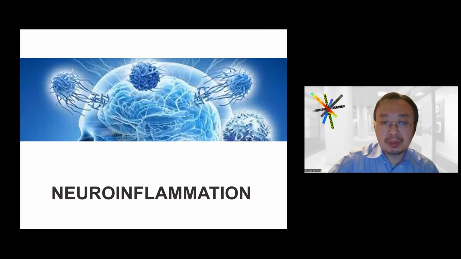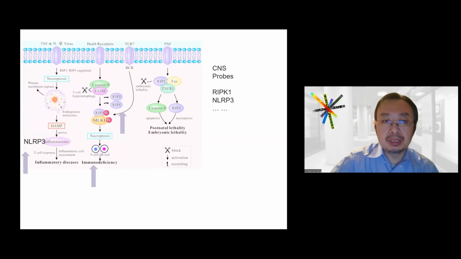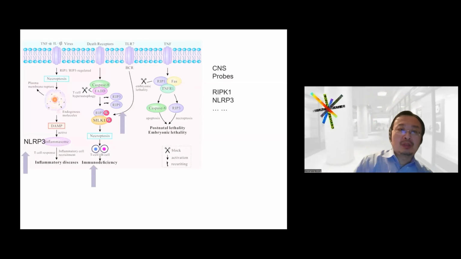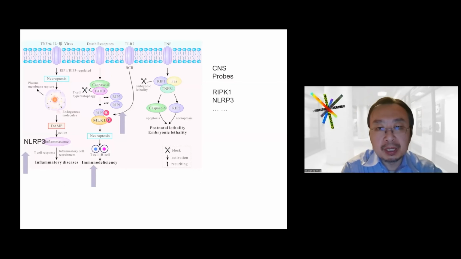The example I will talk about here is neuroinflammation. Neuroinflammation is an important target nowadays, especially when many drug trials failed for Alzheimer's. Many big pharmaceutical companies and research labs are moving from the traditional amyloid-beta and tau hypothesis to neuroinflammation and other strategies to look for new drugs to treat Alzheimer's or other diseases.